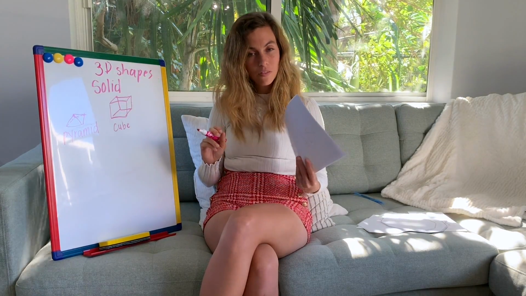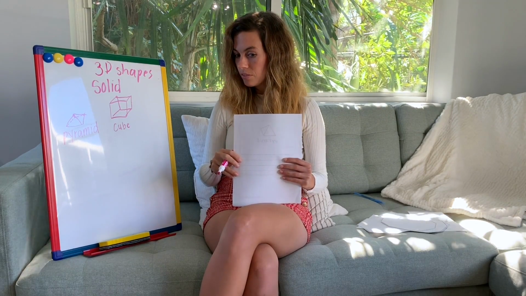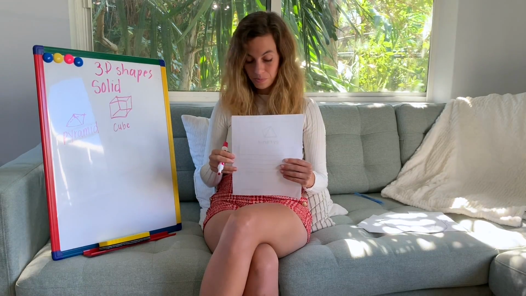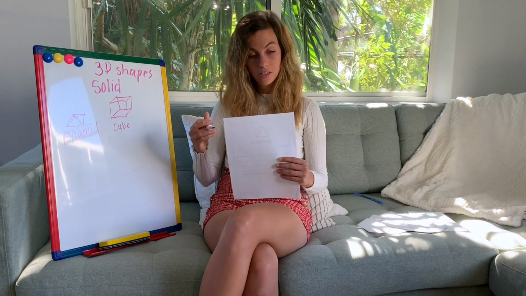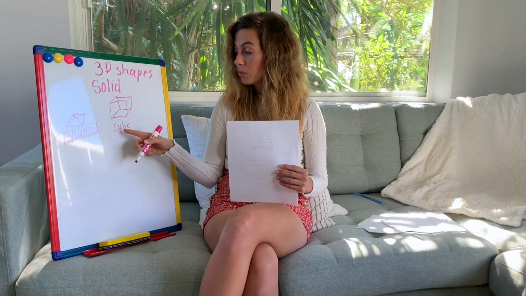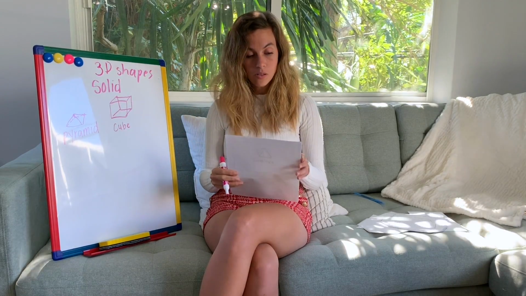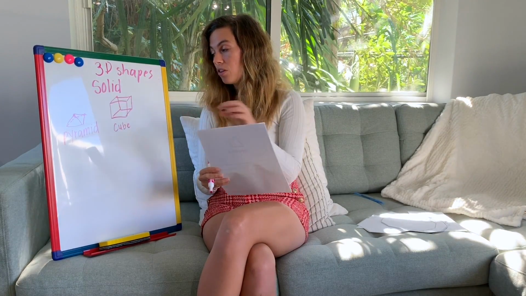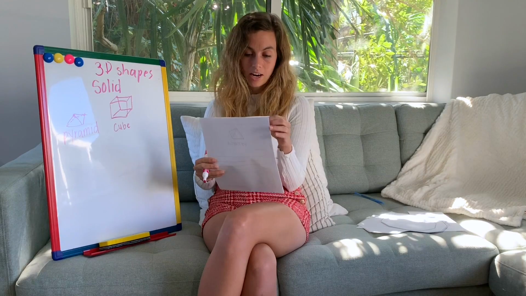So where might you find a cube in real life? Okay, dice that you play with. A Rubik's Cube. An ice cube. Yeah, so you might see cubes in real life. And every face of a cube is a square.